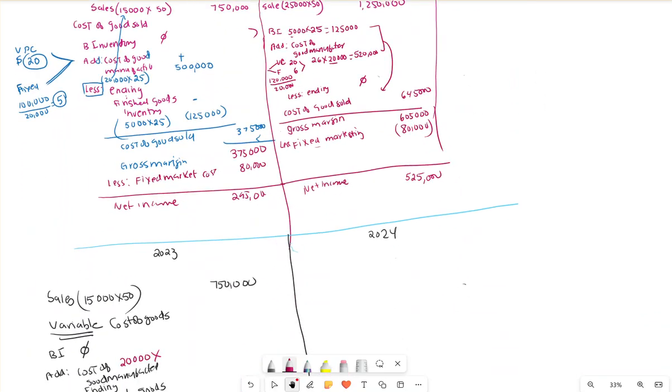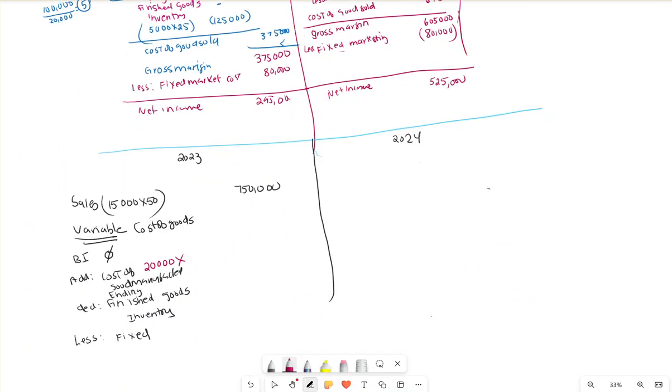So if I manufacture 20,000 units, my cost will be 20, and my finished goods will be 5,000. If we add both numbers together, this is my 400,000, and this is going to give me 100,000.